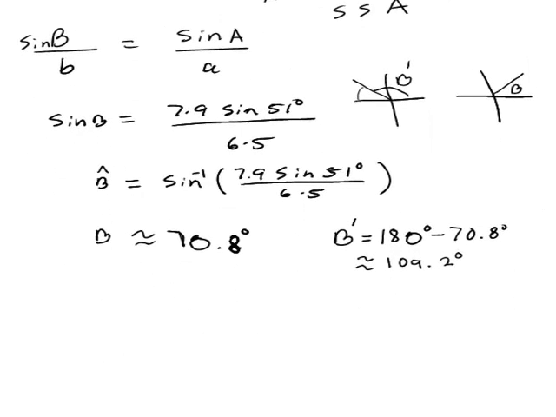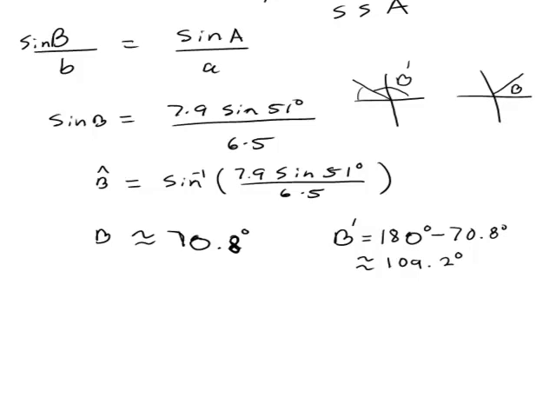Okay. So we have two triangles that we need to solve. We have a triangle that involves B being 70.8, and we have a triangle that involves B prime equaling 109.2.